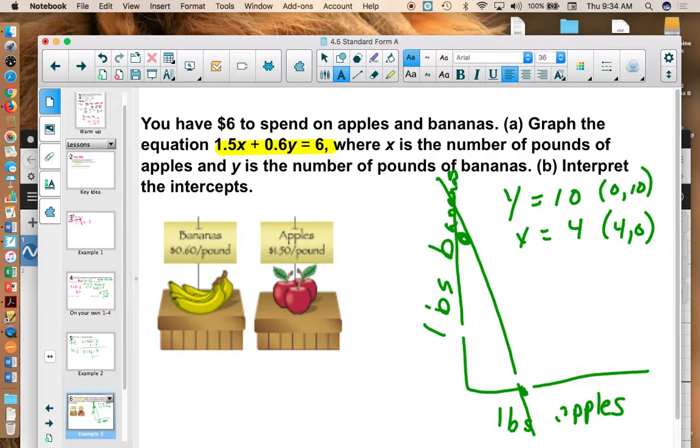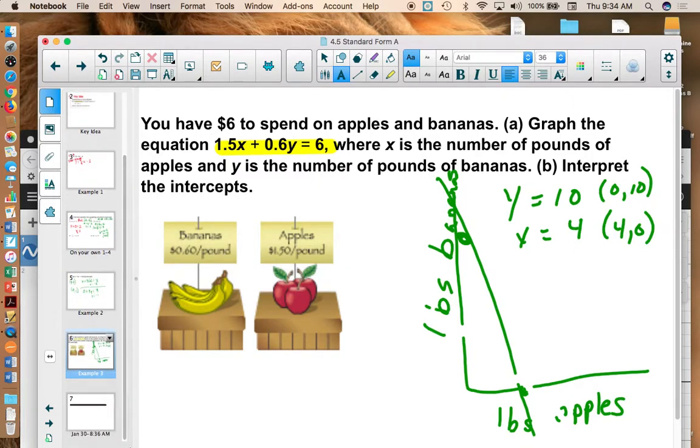If I buy all those apples, I get no bananas. Okay? In relationship to the story, that's what the interpretation means. I got 4 pounds of apples and no bananas because I'm broke. That's the kind of stuff it wants you to be able to interpret, because if you can do that, you understand what you're doing.